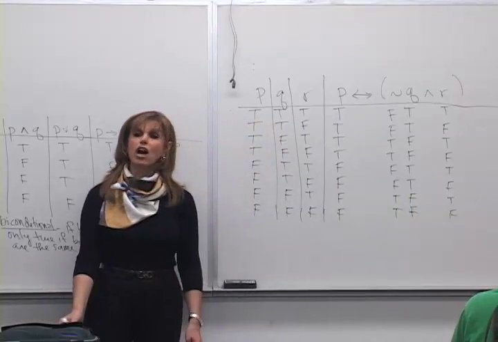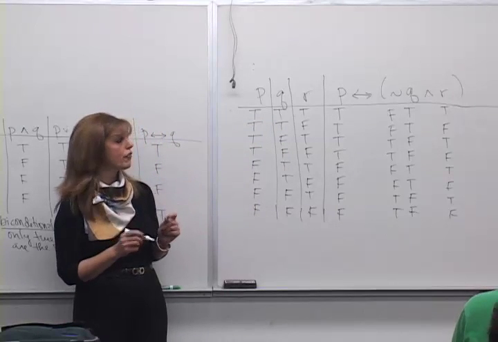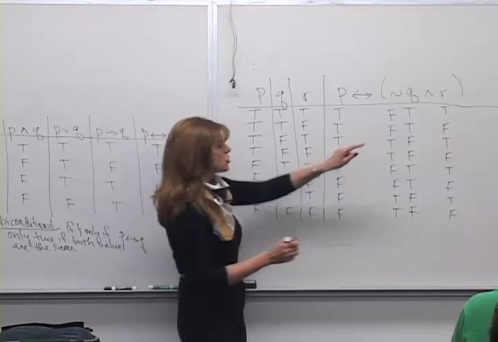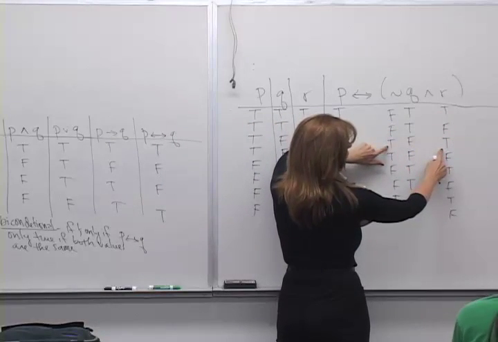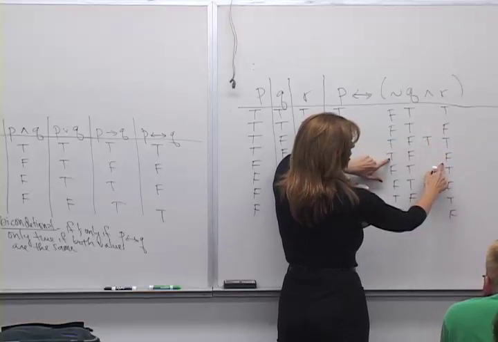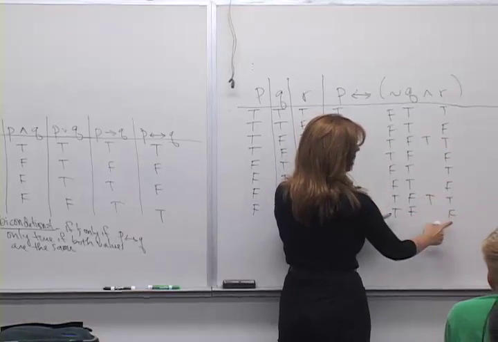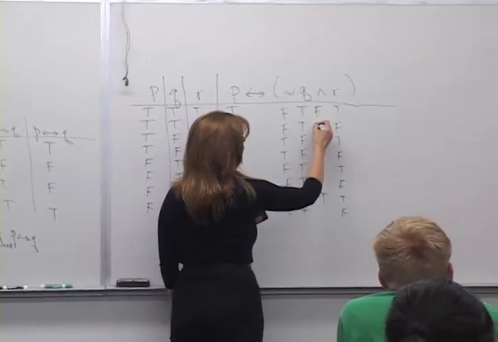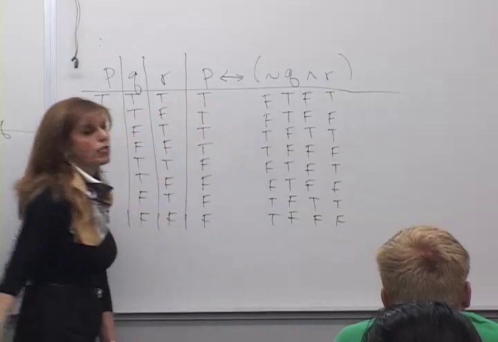Now, for the conjunction, conjunction says it is true only if both values are true. So here I have false, here I have false, here I have both of them true. So this is true. Here I don't, here I don't, here I don't, here I have both of them true, and here I don't. So otherwise it's going to be false. It is only true if both of them are true.